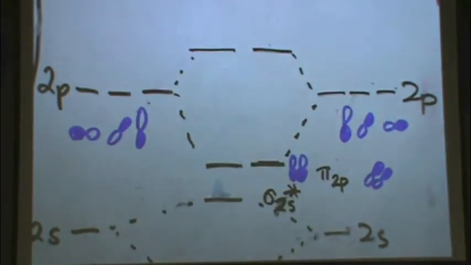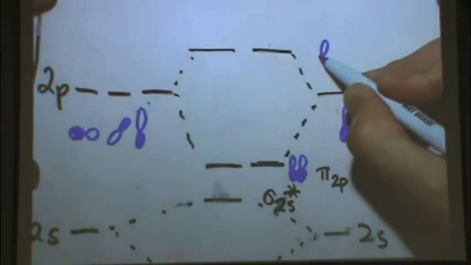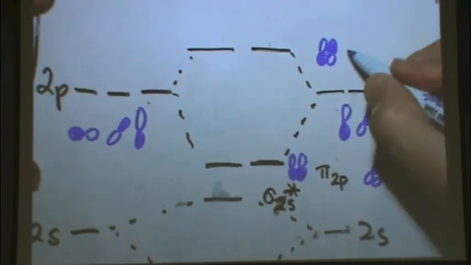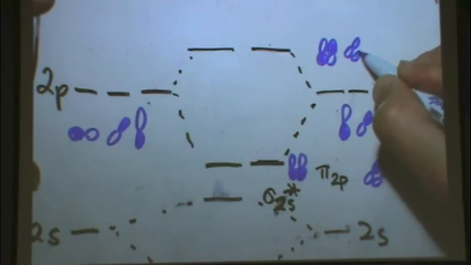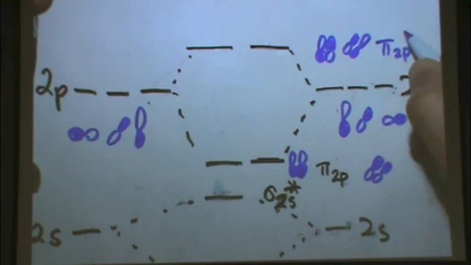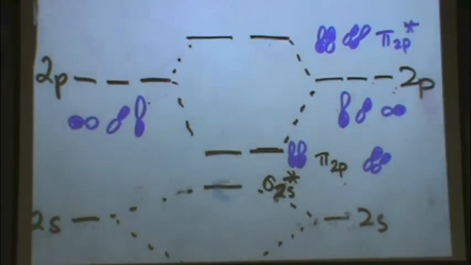The antibonding version will look like this, where opposite phases touch. And this second one I'm drawing is going in and out of the board, even though that's weird. This would be the pi 2p star. Okay, so when those two are above, each one has a bonding and an anti-bonding part. So now I draw both parts.